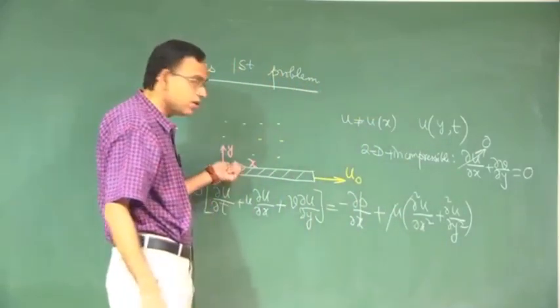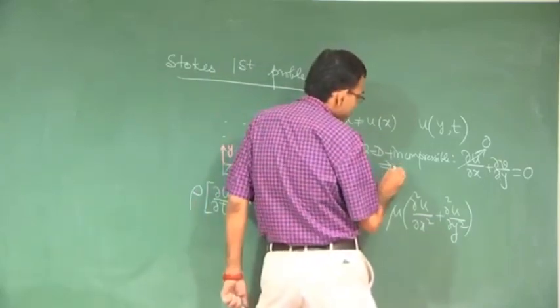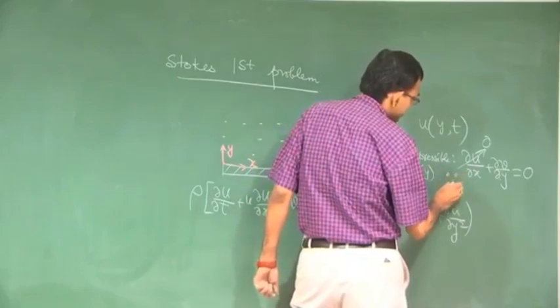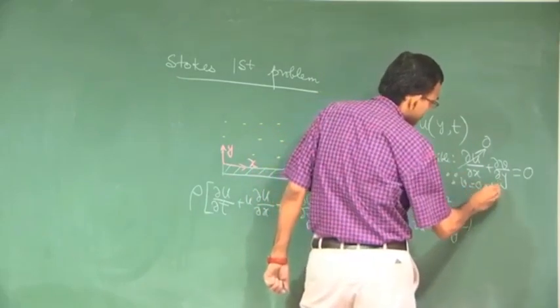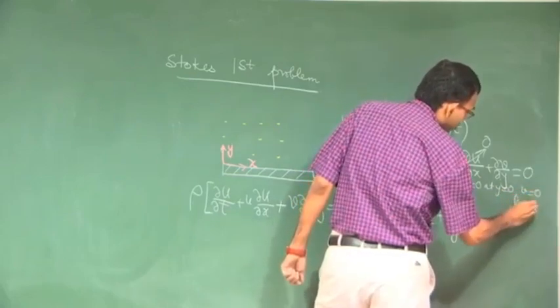Because V is equal to 0 at y equal to 0, the no penetration boundary condition, this means that V is equal to 0 for all y.